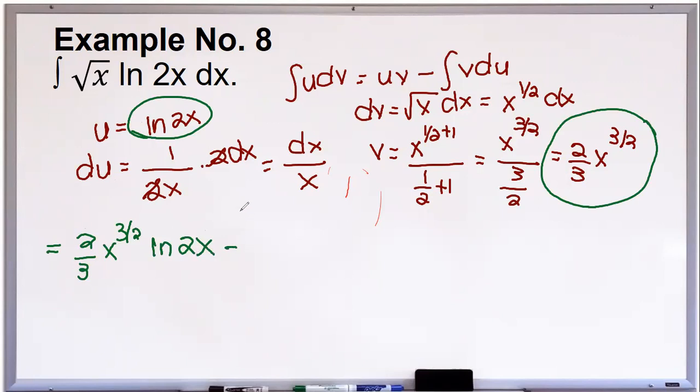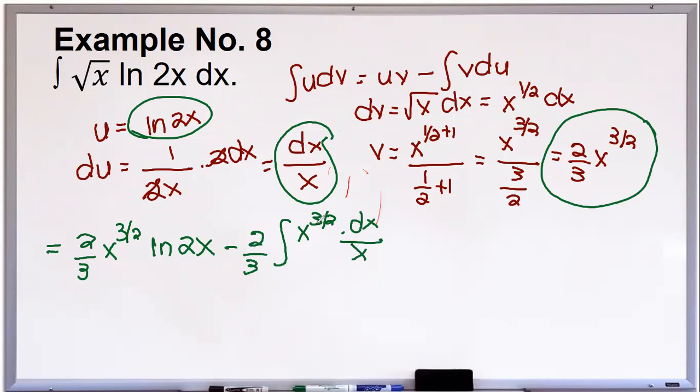Okay, so minus v du. So ilabas natin si 2/3 dito. So integrate natin x raised to 3 over 2 times dx over x. So magka-cancel yung exponent sa 3/2 minus 1. So by what law? Quotient rule for exponent.